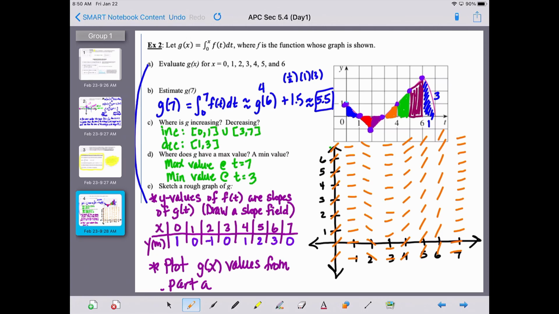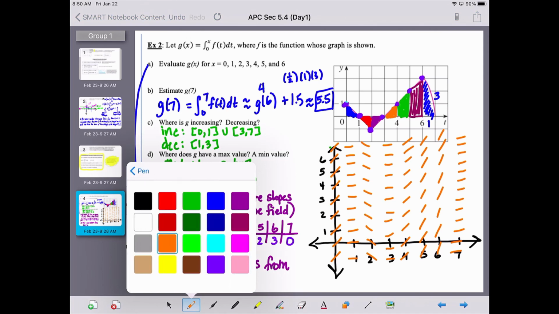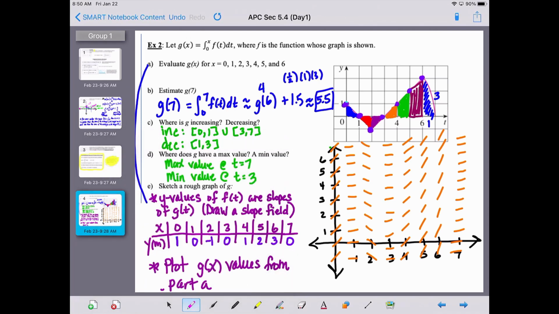Okay, so now I have a lovely slope field drawn. So then my next step is to plot my g of x values that I found in part A. So g of 0 was 0, so 0, 0. G of 1 was 1/2. G of 2 was 0.